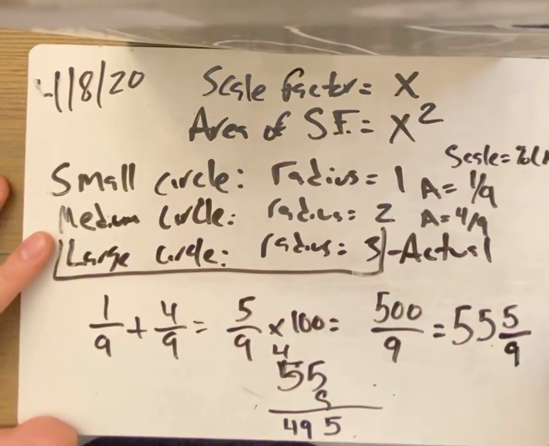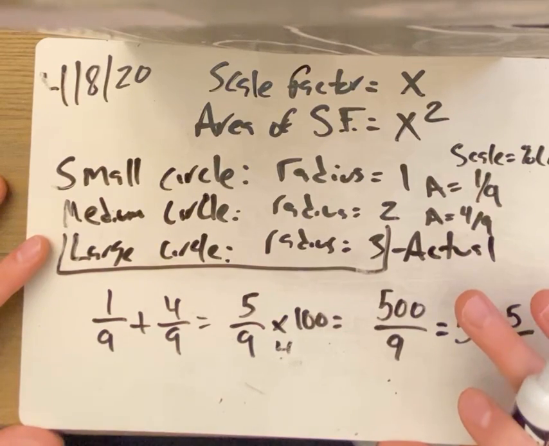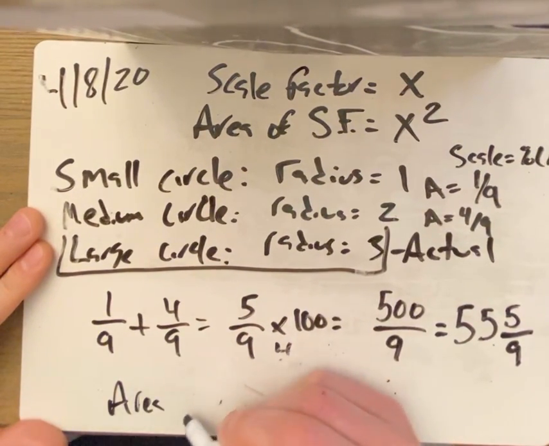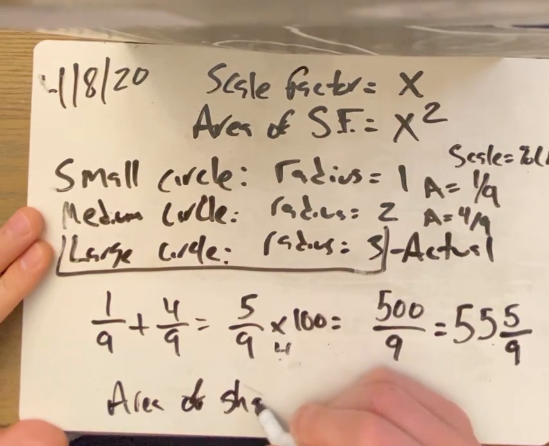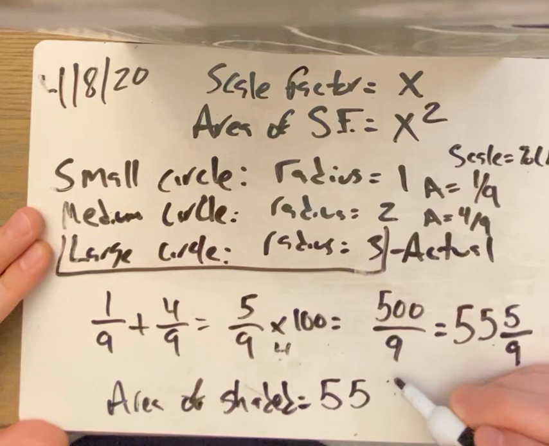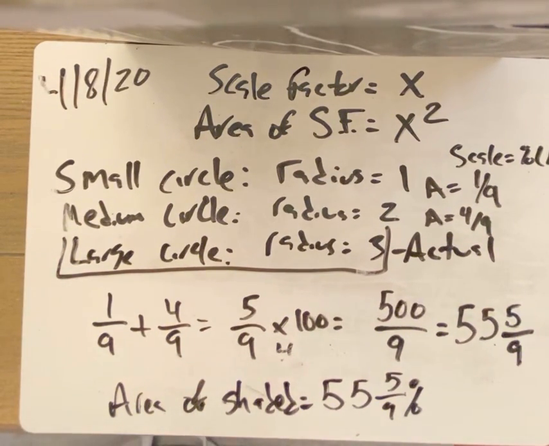So what does this mean? The area of the shaded region equals 55 and 5/9%. That's the scale factor. It means the area of the shaded region is 55 and 5/9% of the area of the entire circle.